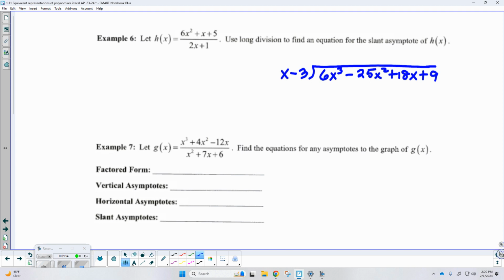So I'm starting with this term x right here, the leading term of my dividend. Gabriel's absolutely right. The first term has to be 6x squared. You always want to match up the first term that you're dealing with in the dividend. Now we distribute 6x squared times x, and then 6x squared times negative 3.